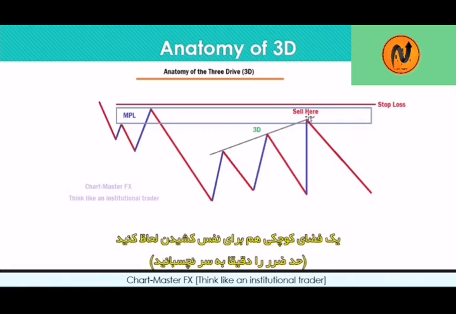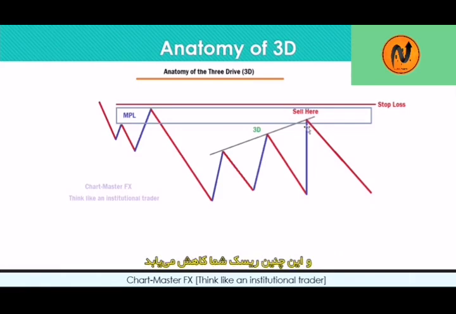You need to give it room to breathe, so that you now become risk conservative, knowing that if you lose the trade, you are not going to lose much as compared to placing your stop loss above here. So guys, that's another thing that you need to take into consideration when you are trading the 3 drive.